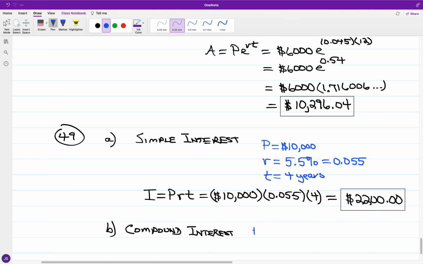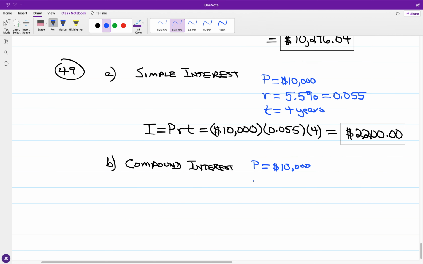we have this lineup. You still have P at $10,000, and for the rate, that's at 5%, so that's going to be 0.05.